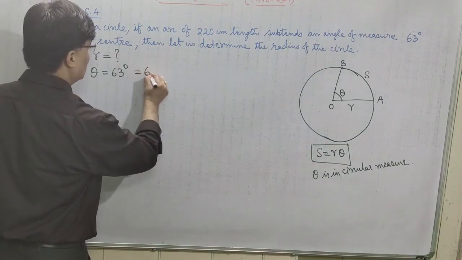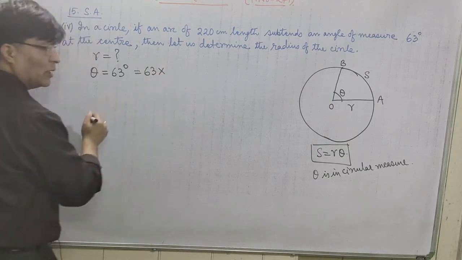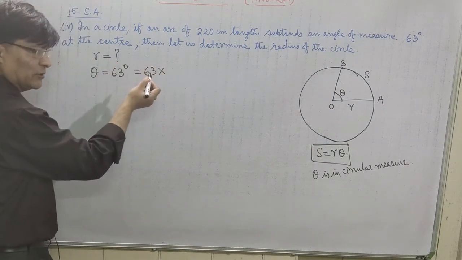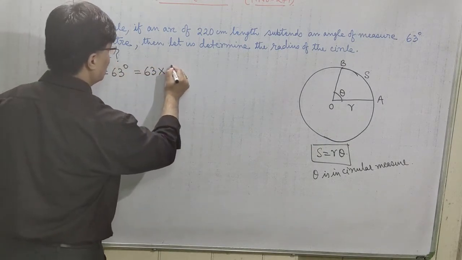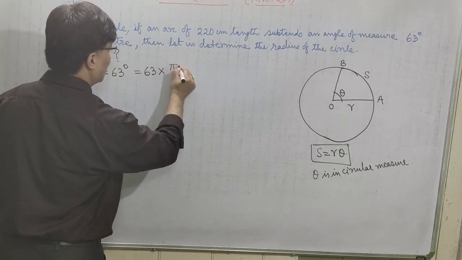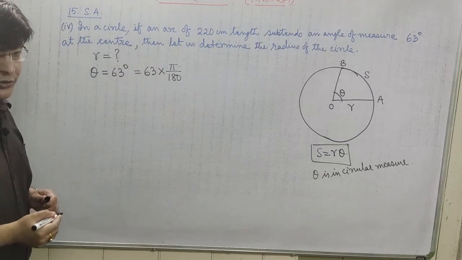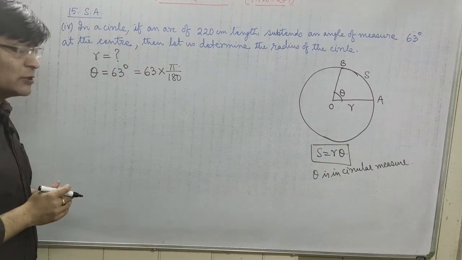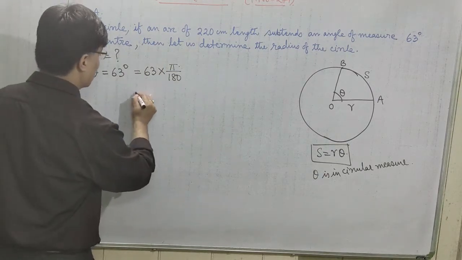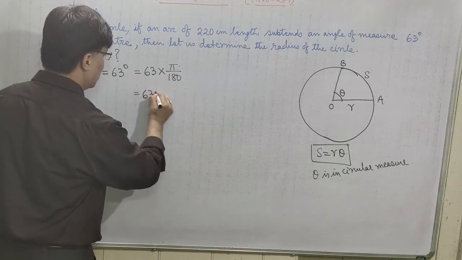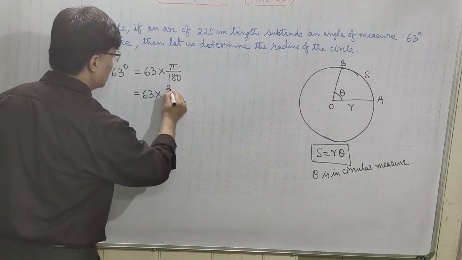So which is equal to 63 into, let us convert this degree into radians. So 63 into pi by 180. So it is converted into radians. So I hope you have understood it. Okay. So now which is equal to 63 into, what is pi here?